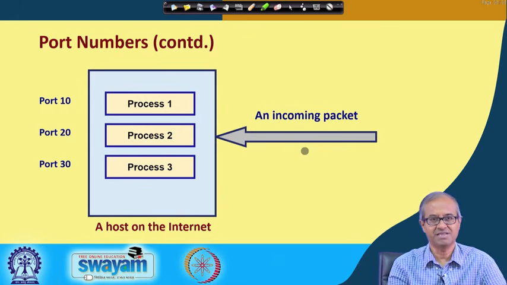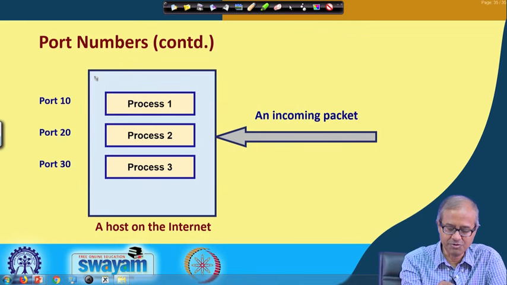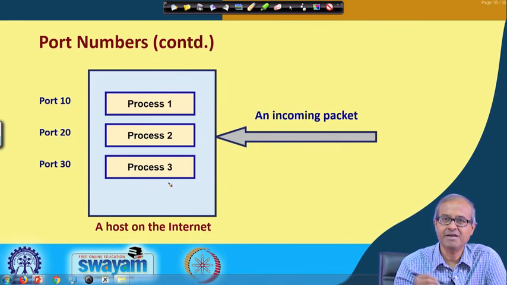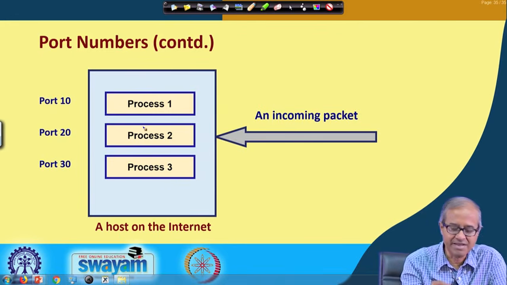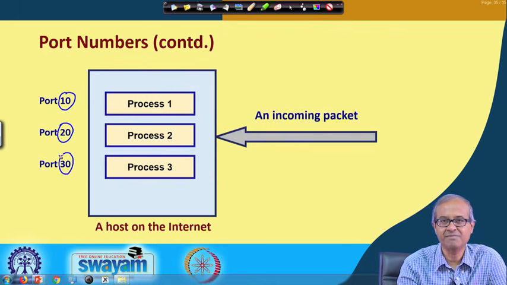So, as this diagram shows, diagrammatically we are illustrating the same thing. Suppose on a particular computer there are 3 running processes, and when they are communicating over the internet, over the network, they will be assigned some port numbers. Let us say port number 10, 20 and 30.